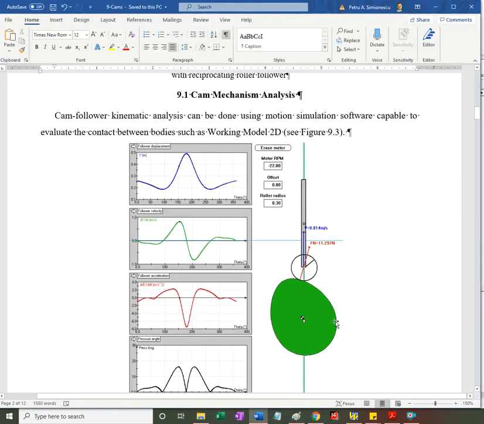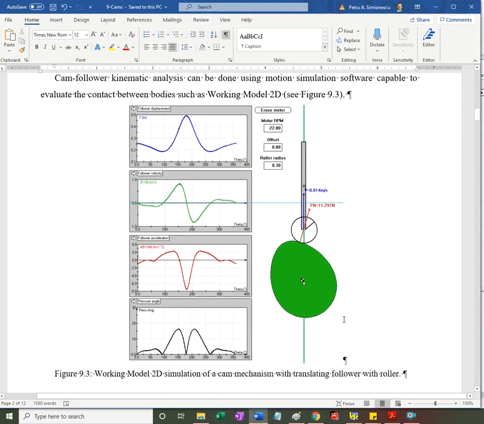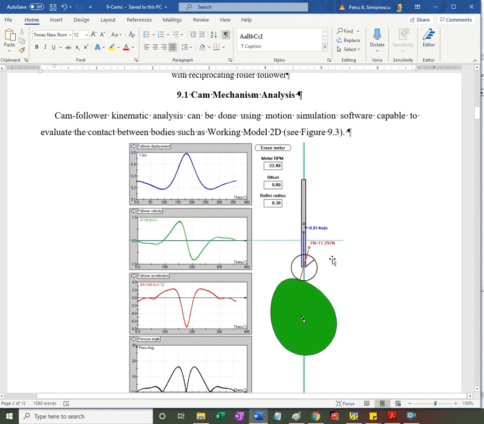Okay, so this was pretty much what I wanted to say about cam follower analysis. The pressure angle is influenced, for a given cam, as you saw if I change the eccentricity. But usually we start with the follower motion, and we want to see what the cam shape should be for the follower to perform the desired motion.